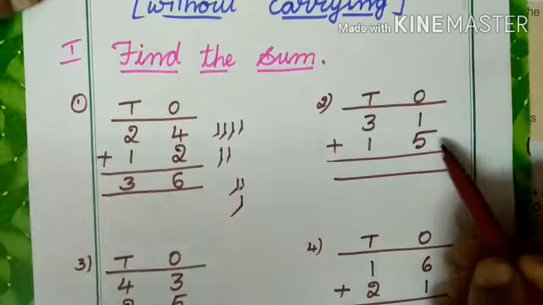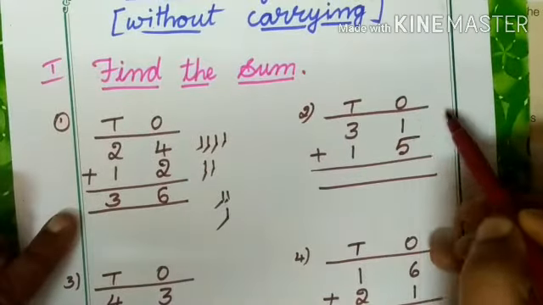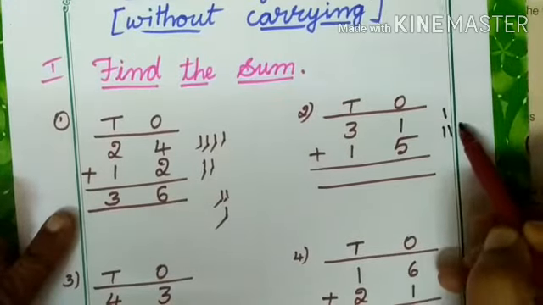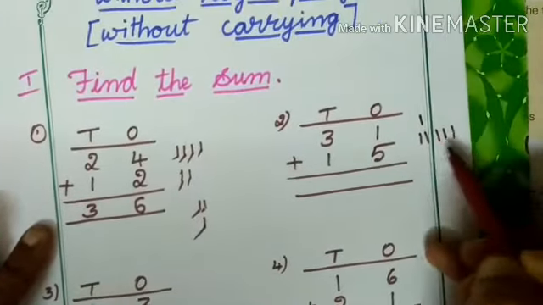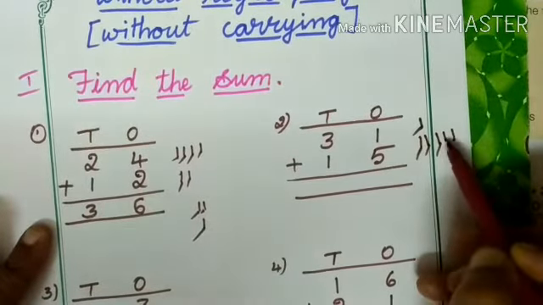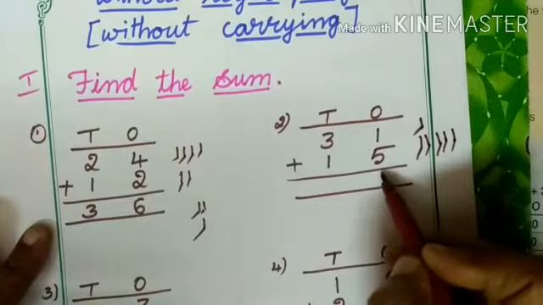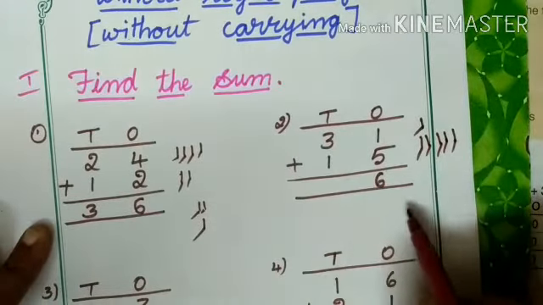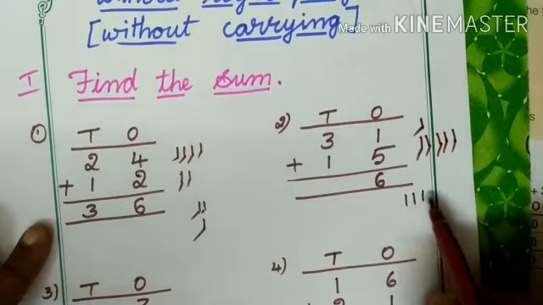You follow that method. Now 1 means write 1 line, and 5 means write 5 lines. 1, 2, 3, 4, 5. Now add all the lines. 1, 2, 3, 4, 5, 6. Write here 6. Here 3 are there. Write 3 lines here. 1, 2, 3.